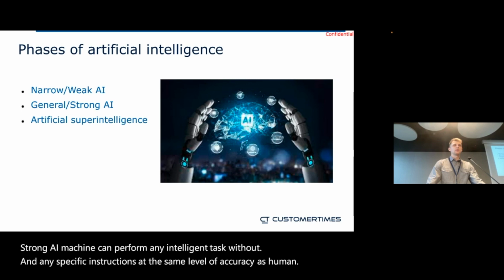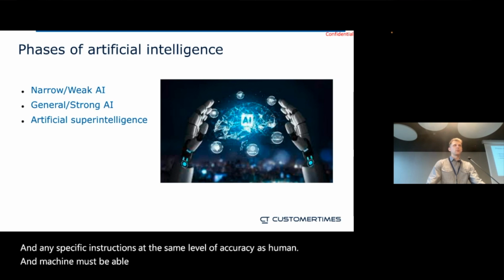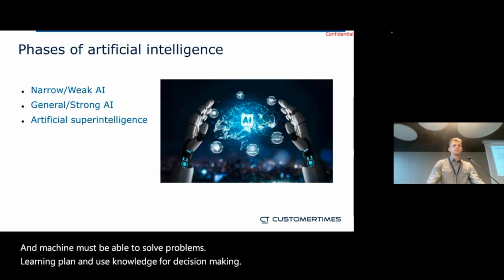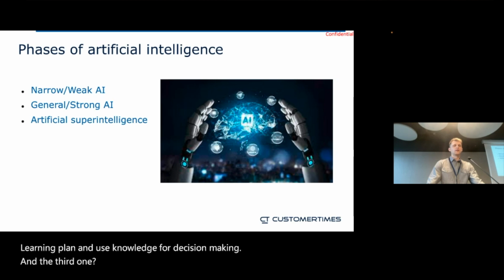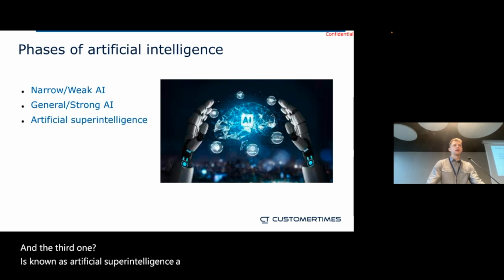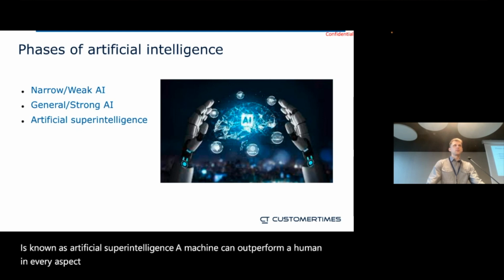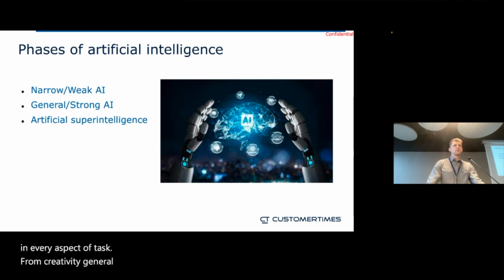The machine must be able to solve problems, learn, plan, and use knowledge for decision making. And the third one is known as artificial superintelligence. A machine can outperform a human in every aspect of a task, from creativity and general wisdom to problem solving.